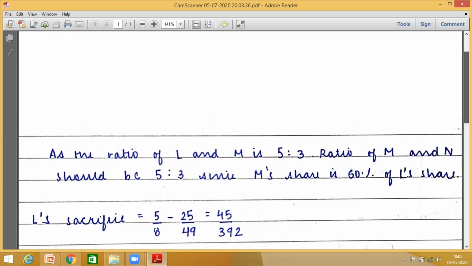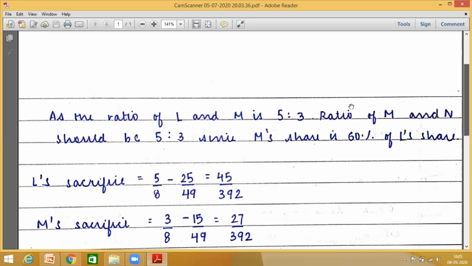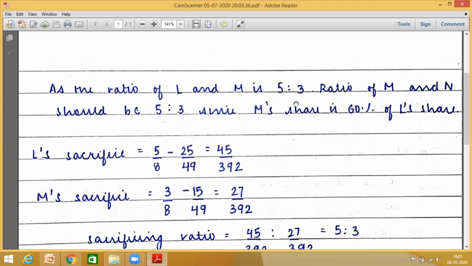As the ratio between L and M, you can see the ratio is 5:3. Fine. And the ratio between M and N will be the same as between L and M. So we have to calculate 3 is how much percentage of 5. So if I calculate 3 upon 5 into 100, that comes out to be 60%.